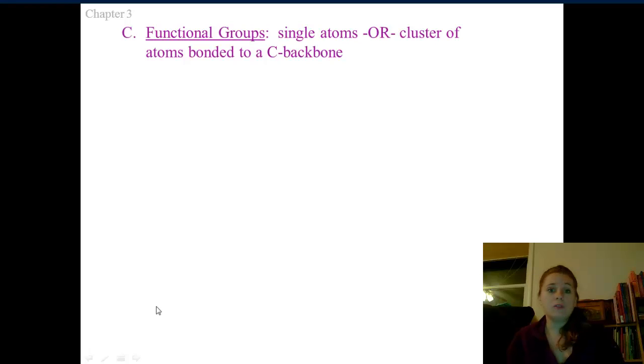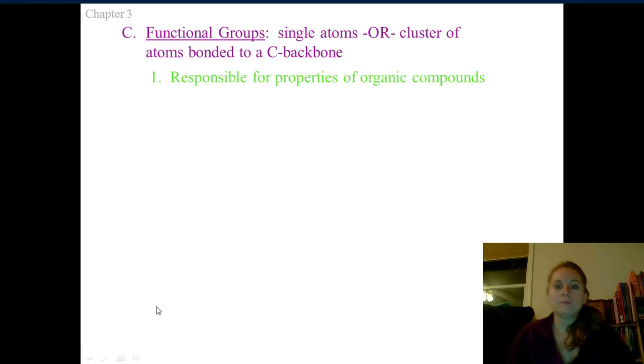Each functional group does tend to have particular properties, so if a couple of different carbon-based molecules share particular functional groups, they tend to share similar properties. It's a big deal when it comes to what the molecule is capable of doing, how it acts, and by acts, obviously it's not alive, but how it interplays, the reactions that it goes through, and so on.